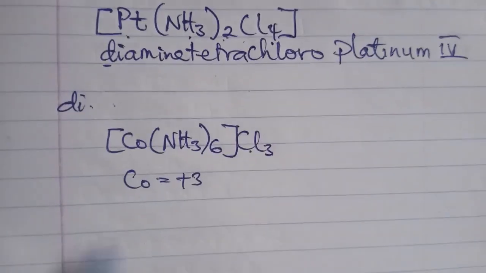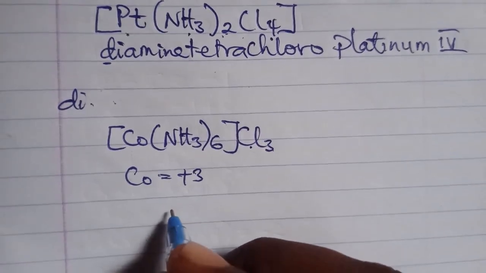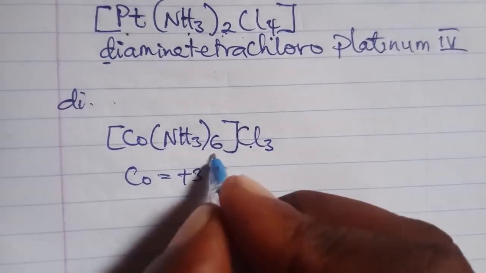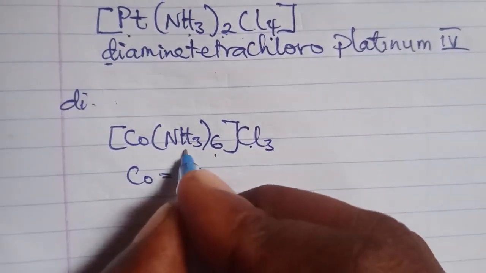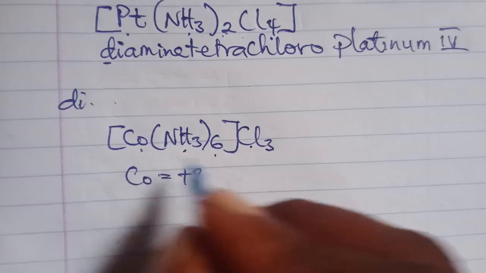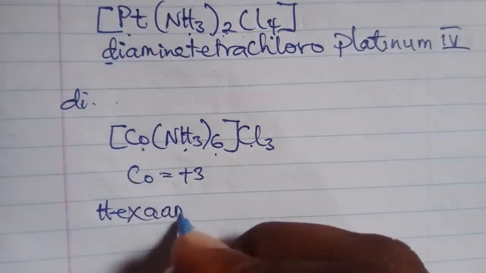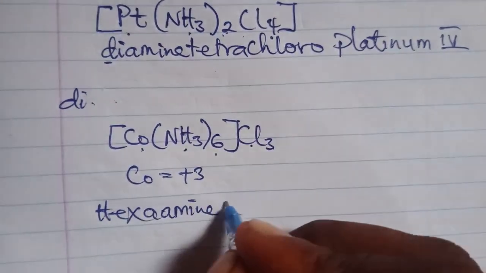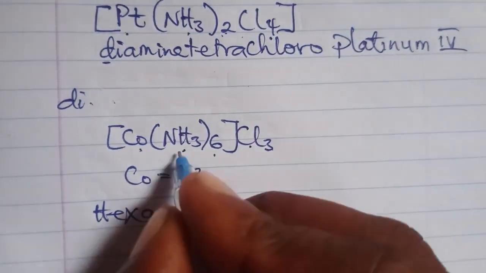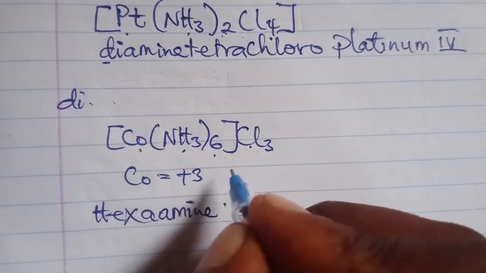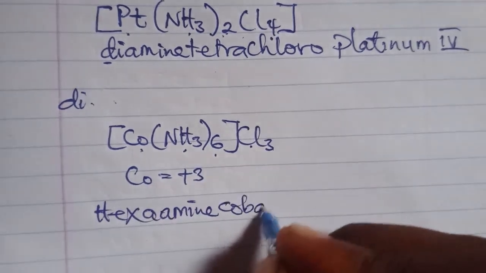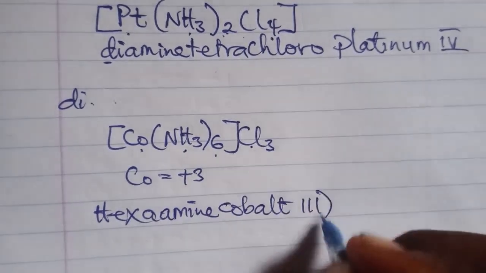So if we want to name it, you can see that we can say hexaamine cobalt 3 chloride.